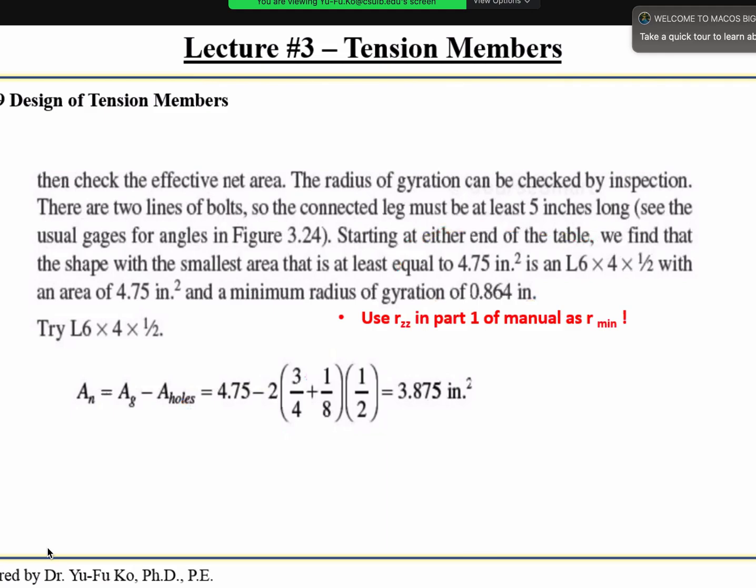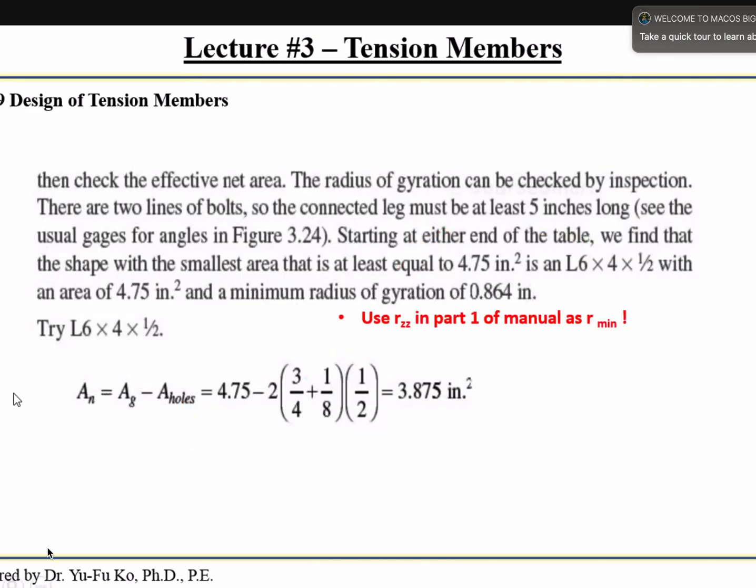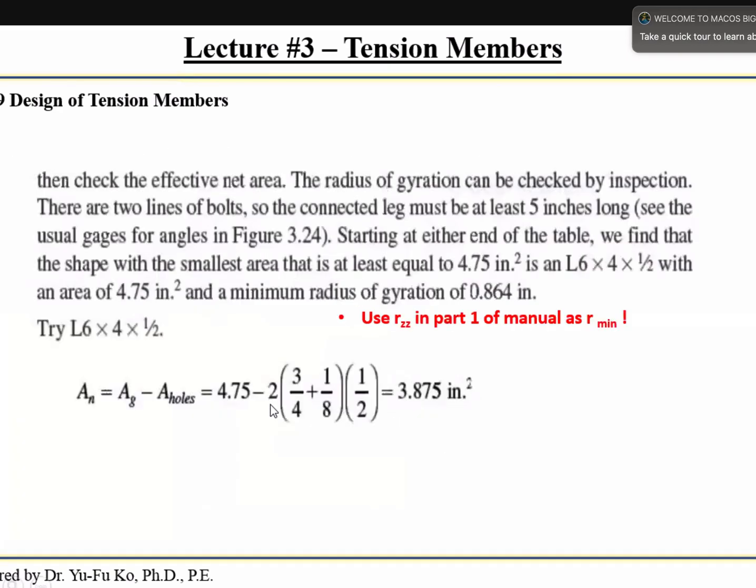So with that being said, this is bigger than 0.6, so this is fine. So we can start to calculate the net area, which is Ag minus the area of the holes. And as you can tell, for fracture, we've got 2 holes. So you have 2 times 3/4 plus 1/8, times the thickness, and you get 3.875 inch square.